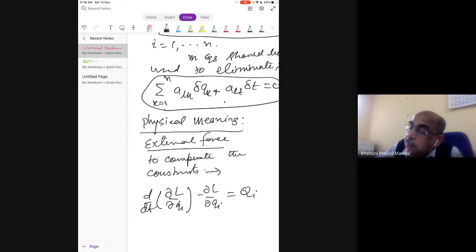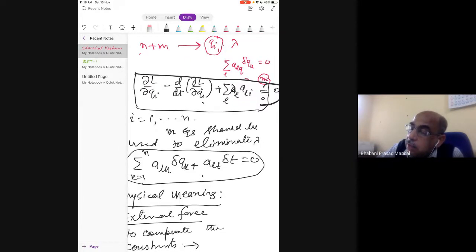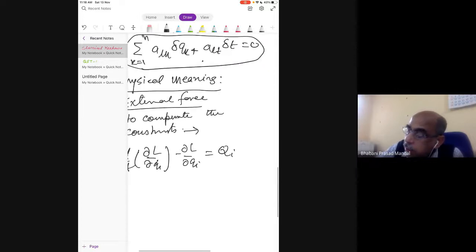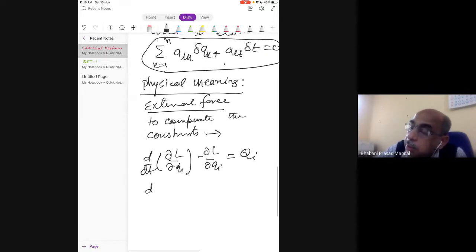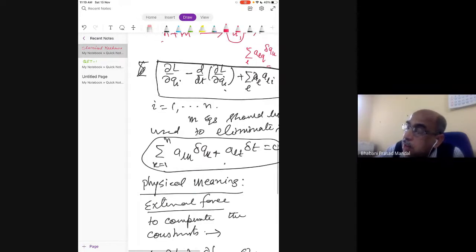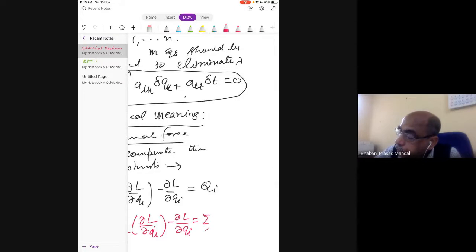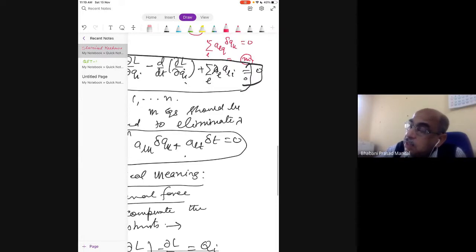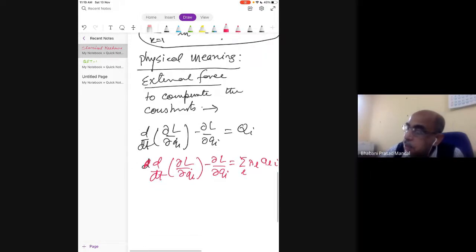So if you write this equation exactly in this format, I can write, let me use red, d/dt of del L del Qi dot minus del L del Qi equal to the sum over L of lambda L times a L i, because if I take this to the right side it will be minus, but I have changed the sign of these two terms.